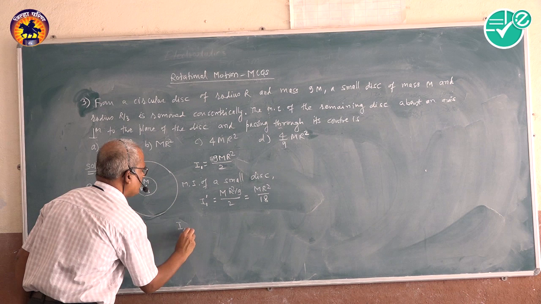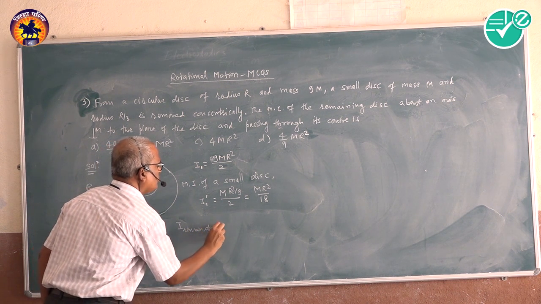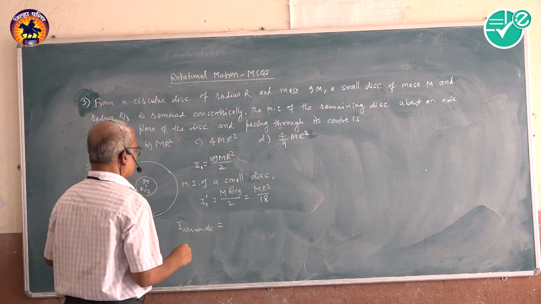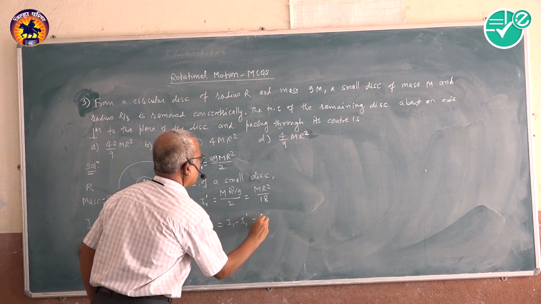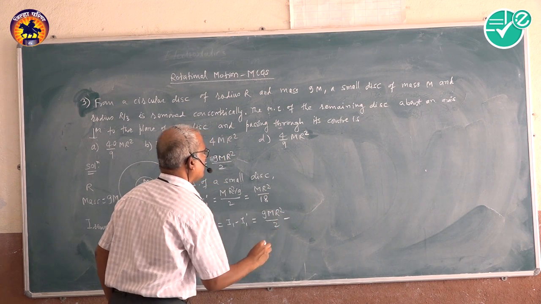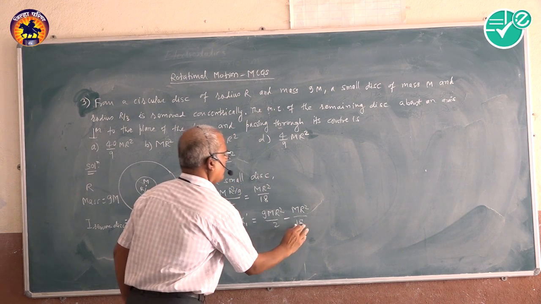Moment of inertia of the remaining disk is equal to the moment of inertia of the whole disk, that is I1, minus I1 dash. That is 9mr square by 2 minus mr square by 18.